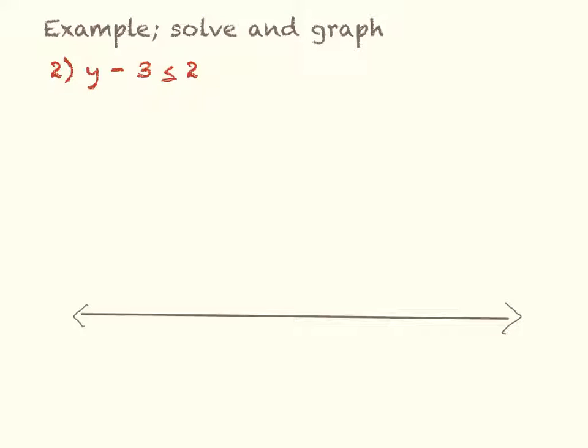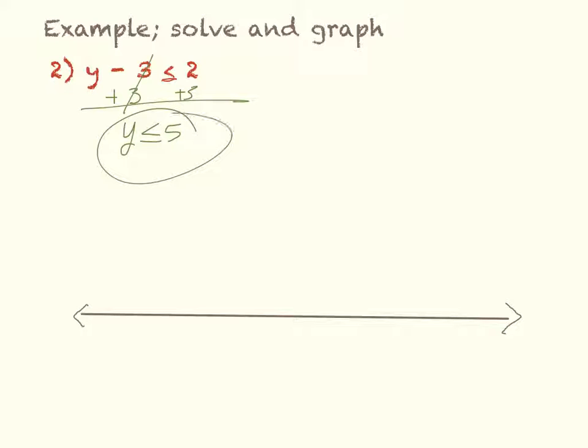In this next example, we have y minus 3 is less than or equal to 2. So I'm going to do the opposite of minus 3, which is plus 3, to both sides. And y is less than or equal to 5.